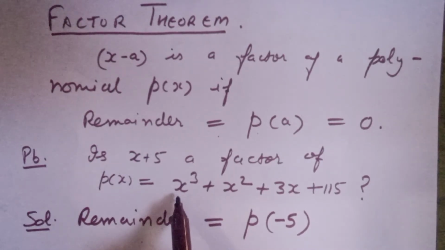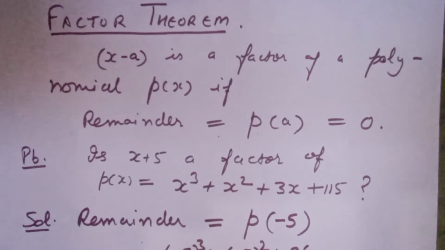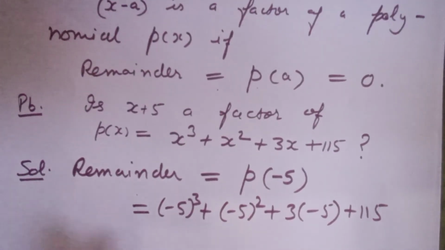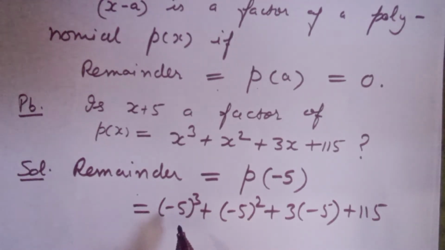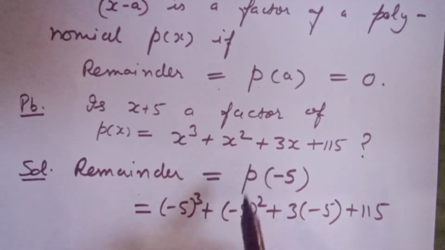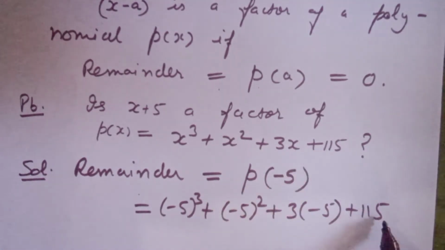So x cube means minus 5 cube, plus x square means minus 5 square, plus 3x means 3 times minus 5, plus 115.